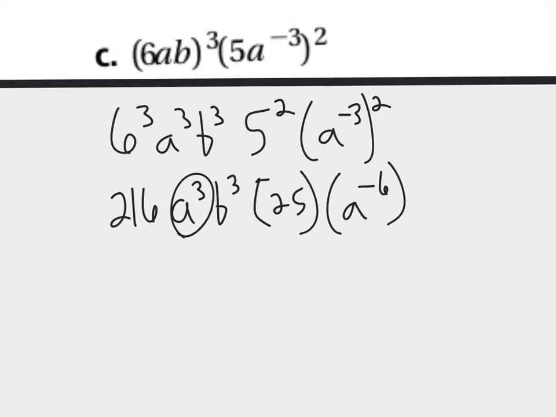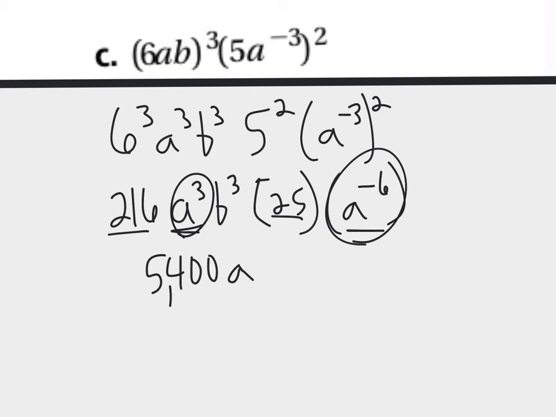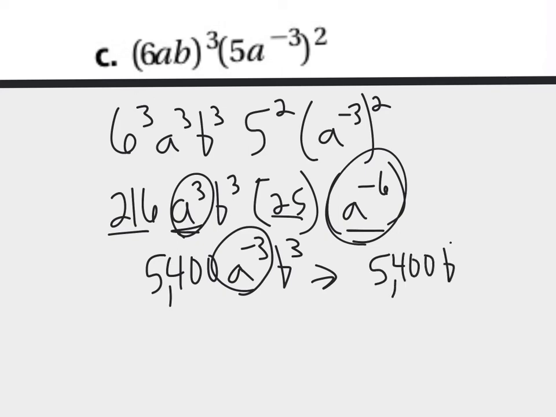And then the numbers we can multiply together is 5,400. With the a's, since we're multiplying like bases, add the exponents. 3 plus negative 6 would be negative 3. And then we don't want a negative exponent in our answer, so we will move that down to the denominator.